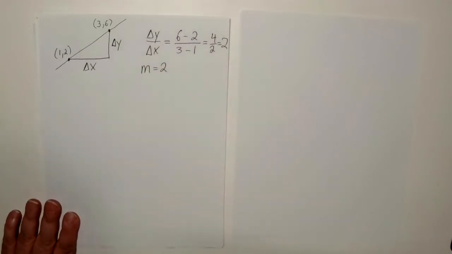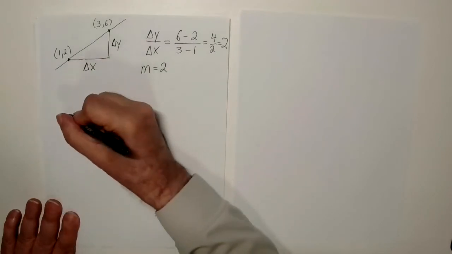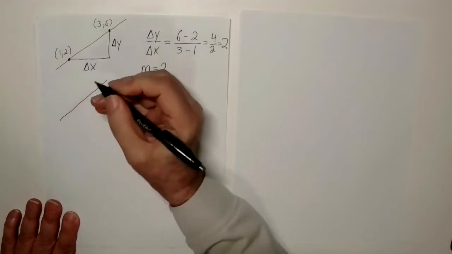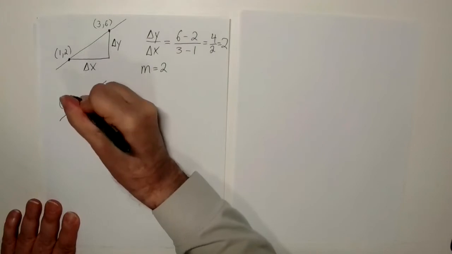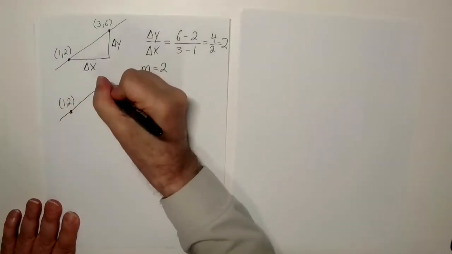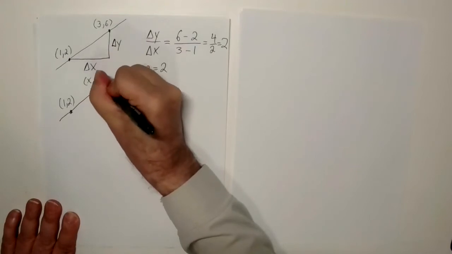Now what we would like to do is find the equation of the line. And the basic idea here is we're going to pick one of the points on the line. I'm going to choose (1, 2). We could do the same thing with (3, 6). We draw our line. Here's our point (1, 2). And now we pick an arbitrary point on here, which I'm going to call (x, y).